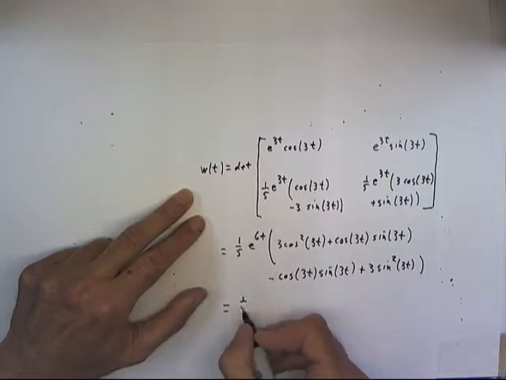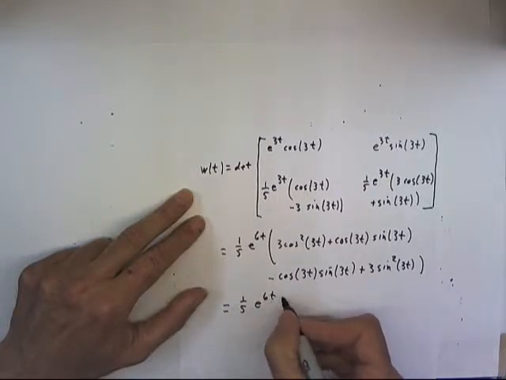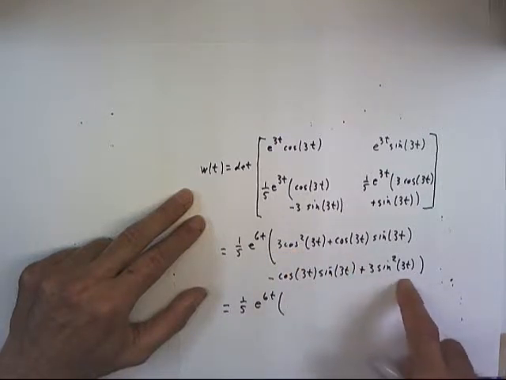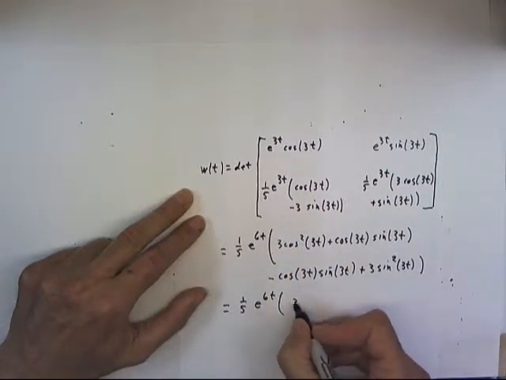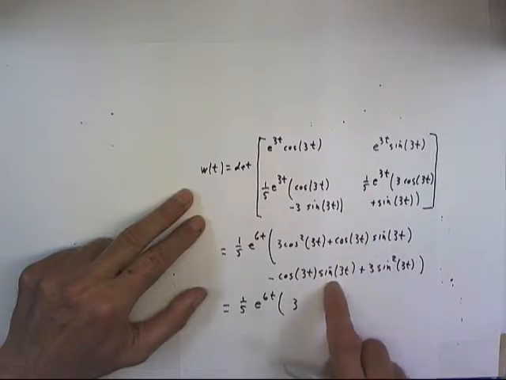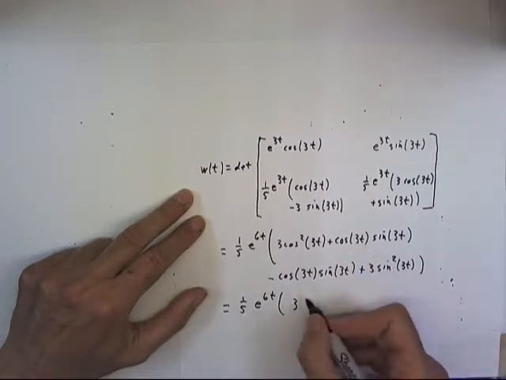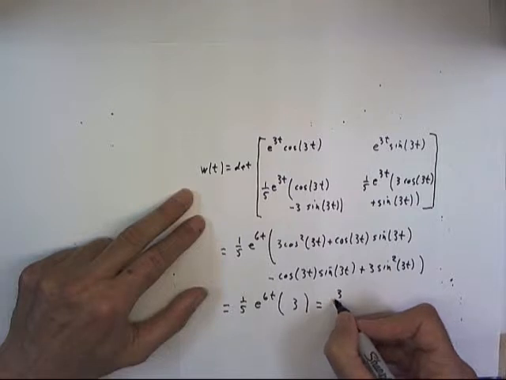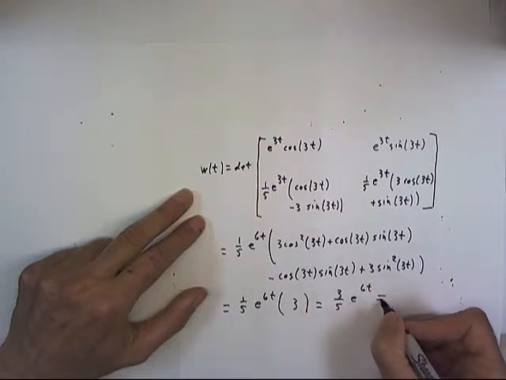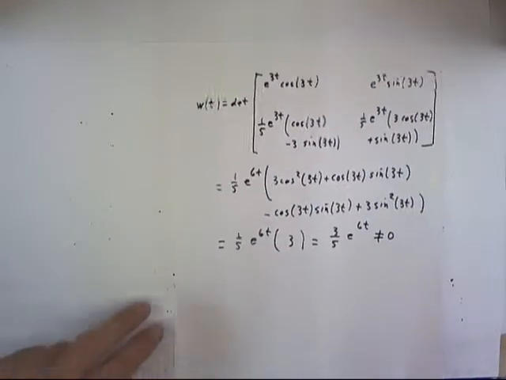And that equals 1/5 of e to the 6t multiplied by, we have 3 cosine squared and 3 sine squared of 3t. So that just gives us 3. And the cosine 3t sine 3t appears here as positive, here as negative. That's 0. So we simply get 3/5 e to the 6t, which is not equal to 0.